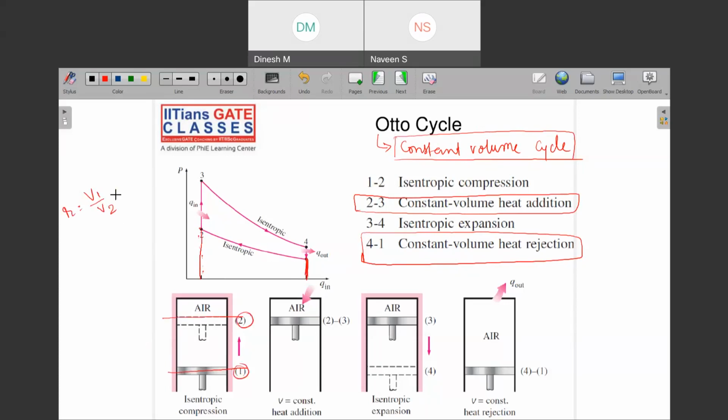So V1 upon V2 will always be greater than 1, right? Why? Because V1 is higher and V2 is smaller. And now from 2 to 3 you have added heat at constant volume, 3 to 4 is expansion, and 4 to 1 is heat rejection. Okay, next.